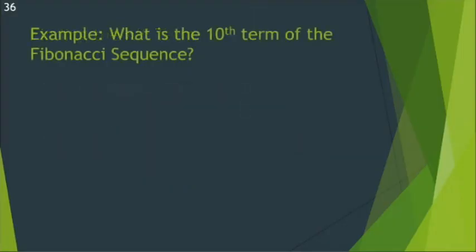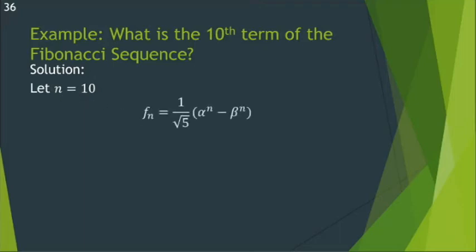So, for example, what is the 10th term of the Fibonacci sequence? So, our solution would be, so yung hinahanap natin ay yung pang-10. So, let n is equal to 10. So, yung f sub n natin would be, okay, formula natin.